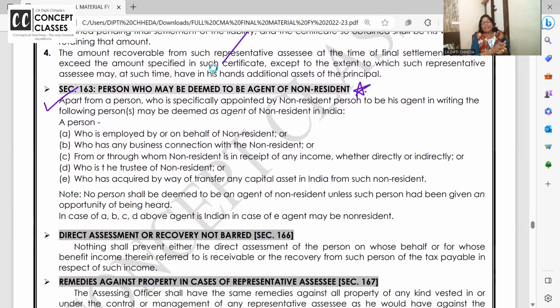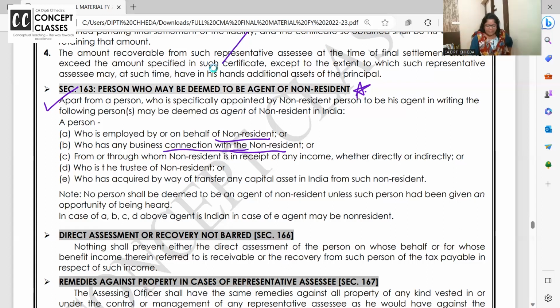Someone has to pay the tax in India for a non-resident, whatever income is received in India or accrued in India, and it is to be done by his agent in writing. Okay? Who is employed by or on behalf of the non-resident or who has any business connection with the non-resident. Understood? Either the non-resident has an employee in India, who will act as agent of the non-resident, meaning representing him.